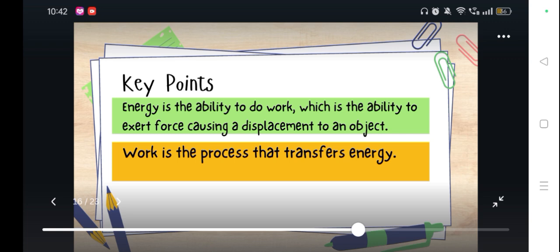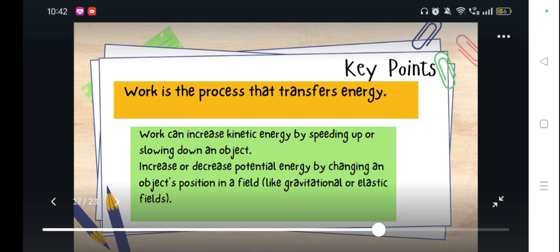So this can be further explained that work, as the process that transfers energy, can actually increase kinetic energy by speeding up or slowing down an object. And likewise, work can increase or decrease potential energy by changing the object's position.